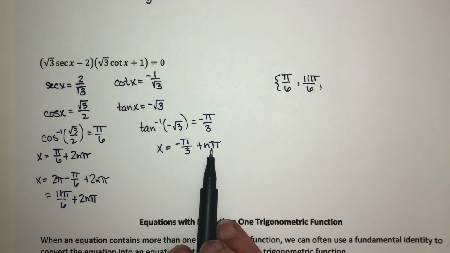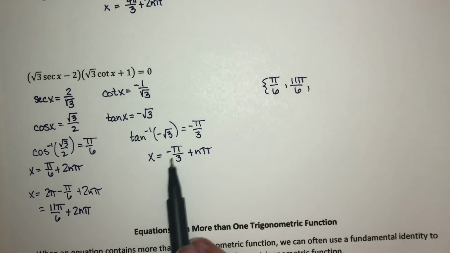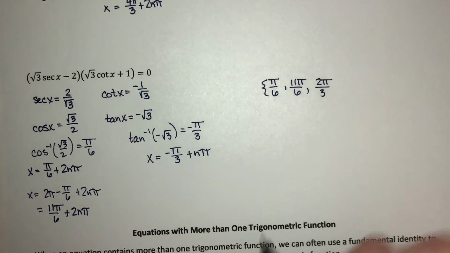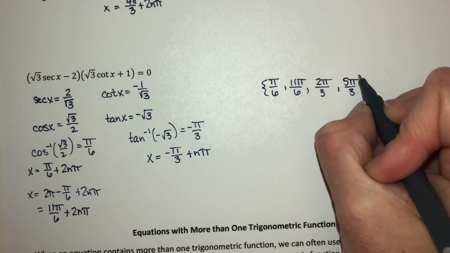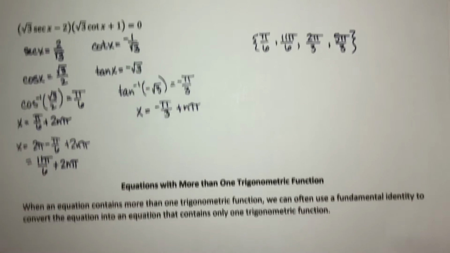If n is 1, so if we add pi to negative pi over 3, then we get 2 pi over 3. And then if we add pi again, we get 5 pi over 3. So those are all of our solutions.